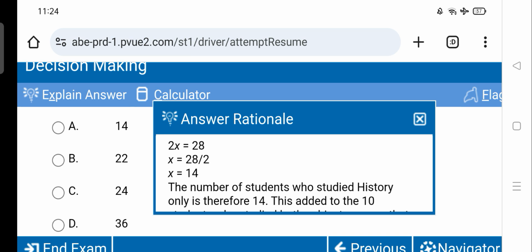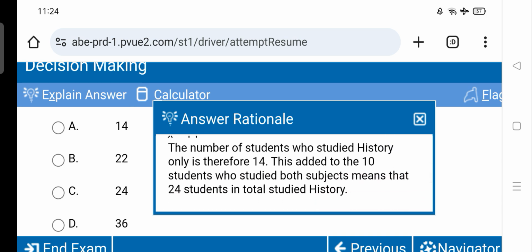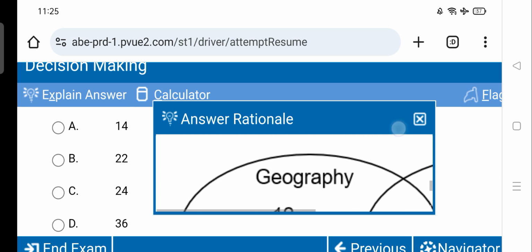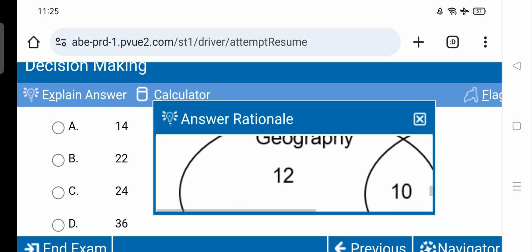The number of students who studied history only is therefore 14. This added to the 10 students who studied both subjects means the 24 students in total studied history. So here we have a Venn diagram by which you can conclude your answer.